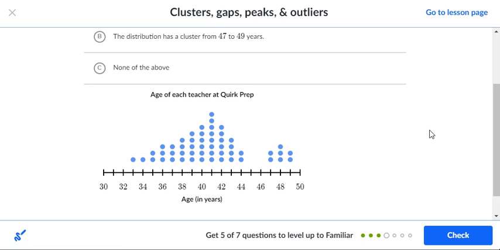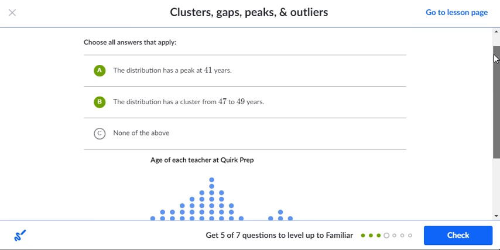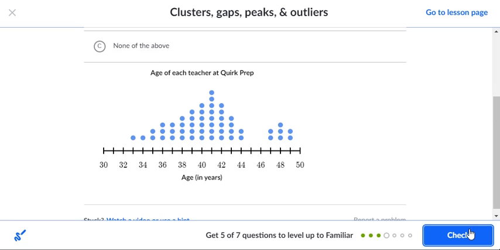But in this case, they're still in the 40s because it goes from 33 and it continues to 44, and then there's your gap because the gap means you have nothing there, so there's no points there whatsoever. But then you come over here and you see all these points are grouped together. Well, that would actually be considered a cluster, and that does run from roughly 47 to 49, so we would accept that one as well. So both A and B would be correct.